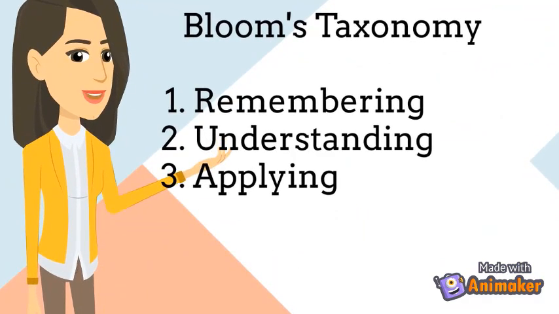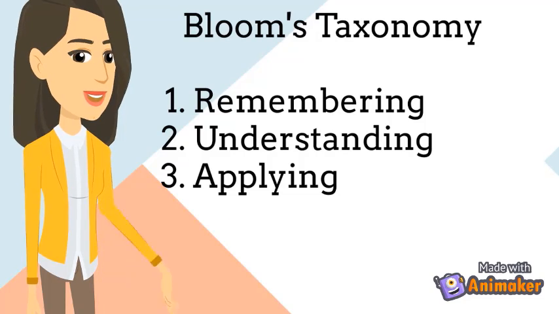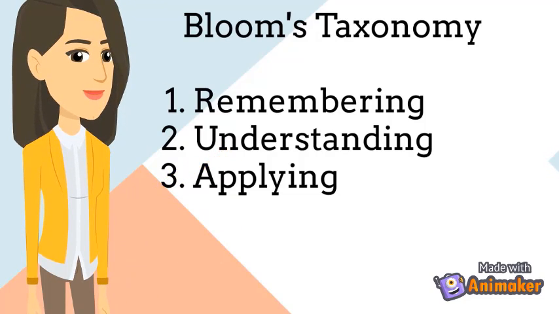Next, the lower order thinking skills, or we usually call it LOTS. Based on Bloom's taxonomy, the lower order thinking skills include the processes of remembering, understanding, and applying. Remembering is the process of recalling facts and basic concepts such as defining, duplicating, listing, and memorizing, while understanding is the process of explaining ideas or concepts, such as classifying, describing, discussing, and explaining, while applying is the process of using information in new situations.